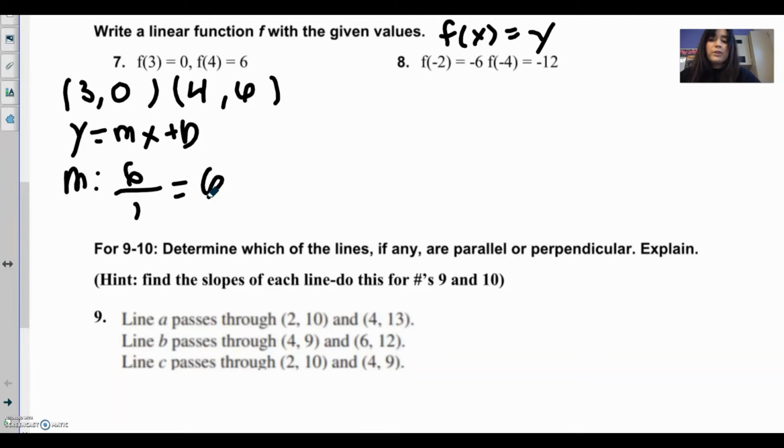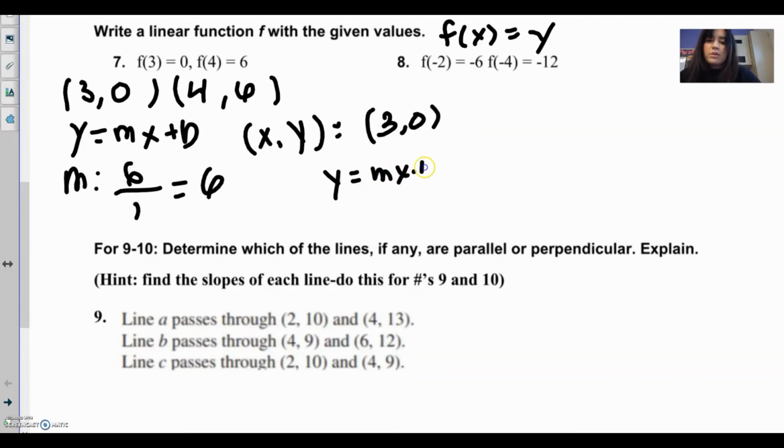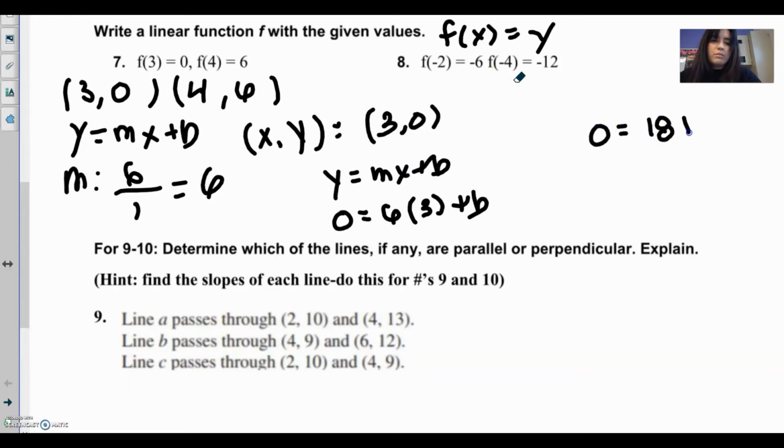Now if you're going to use slope-intercept form, all you have to do is plug in x and y. So I'm going to use 3 and 0. So we have y equals mx plus b. So I'm plugging in 0 for y, 6 for m, 3 for x, plus b. And all this becomes is 0 equals 6 times 3 is 18 plus b.